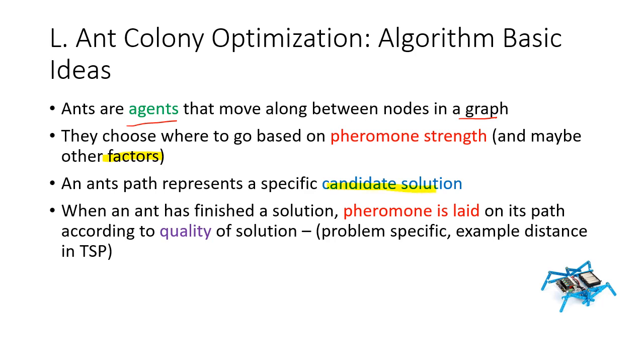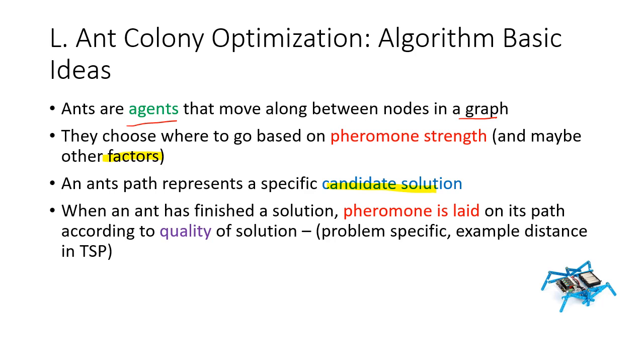And when an ant has finished a solution, pheromone will be laid belatedly, meaning after the tour is completed, according to the quality of the solution. So if the tour cost is less, the amount of pheromone that is laid would be stronger.